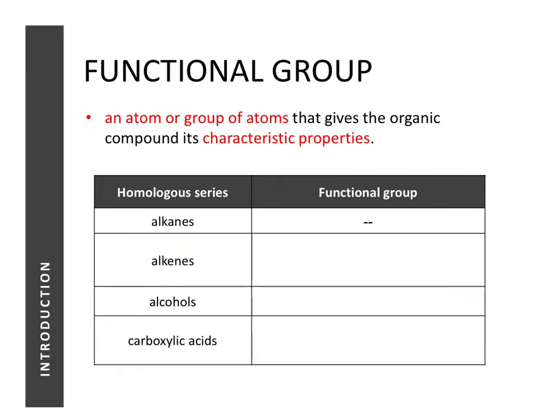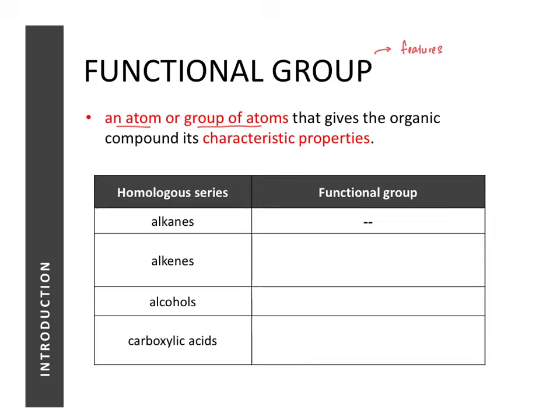Now, as mentioned, we're going to define what a functional group is. Previously, we saw it in the definition of homologous series, where I told you it is the features. When we look at a particular organic compound, there will be either an atom or a group of atoms that tells you which family it belongs to, and it is also this group of atoms that gives the family its unique characteristics.